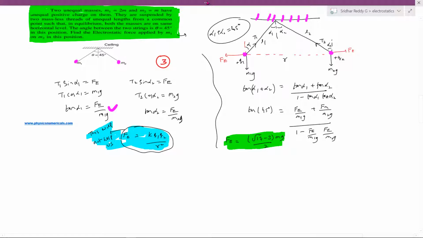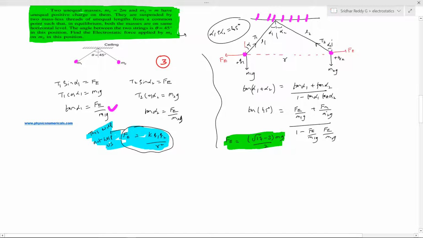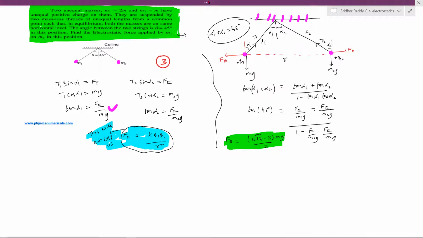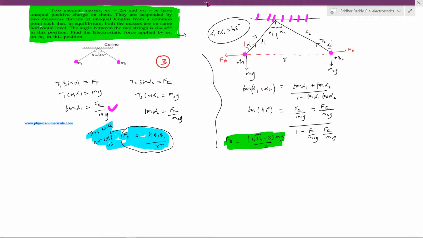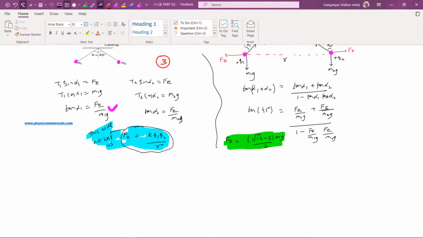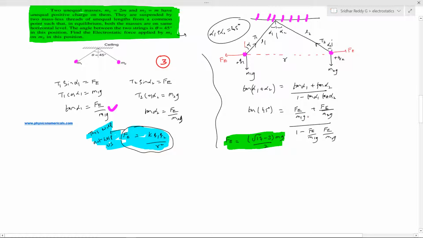Tan alpha 2 should be Fe by M2G. Then Fe by M1G plus Fe by M2G over 1 minus tan alpha 1 tan alpha 2, and I'll substitute using these values.